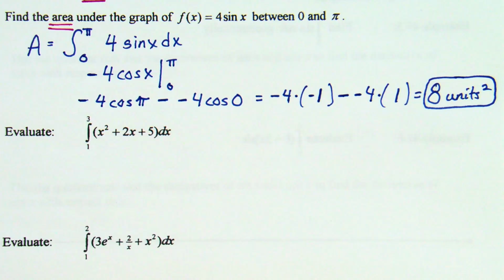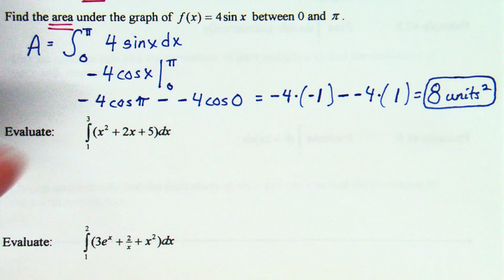Okay, so let's try example 2. Evaluate the integral from 1 to 3 of x squared plus 2x plus 5 dx. So start by taking the integral. Okay, integral of x squared: 1/3 x cubed.